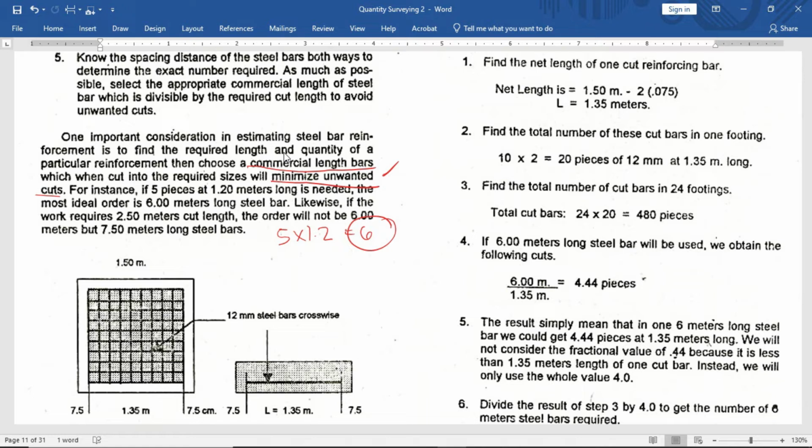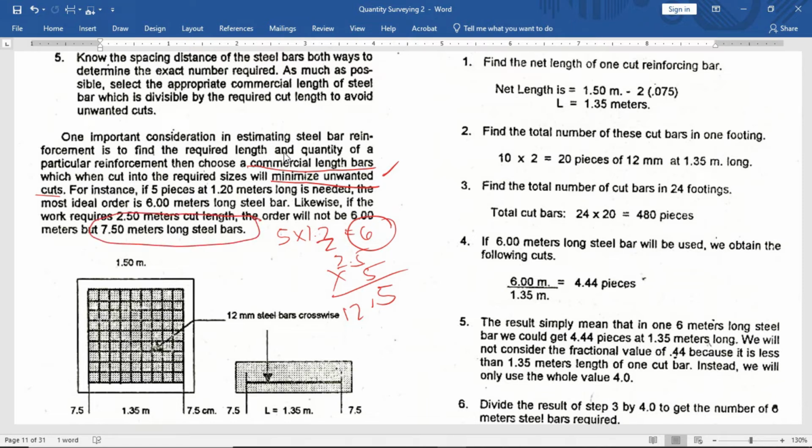So, pag 2.5 naman yung cut length natin, kung kailangan natin ay 5, so, 2.5 times 5, magkano? 12.5. So, gagamit tayo ng 7.5 meters long.